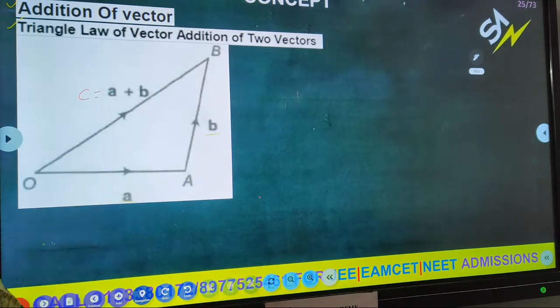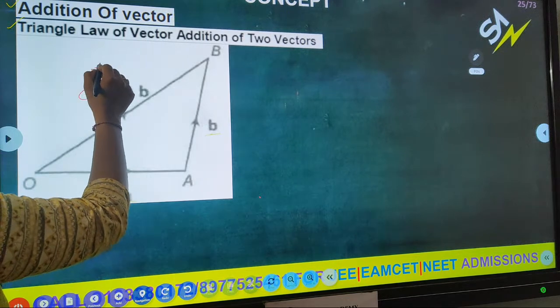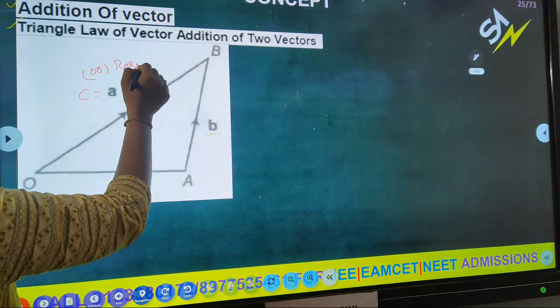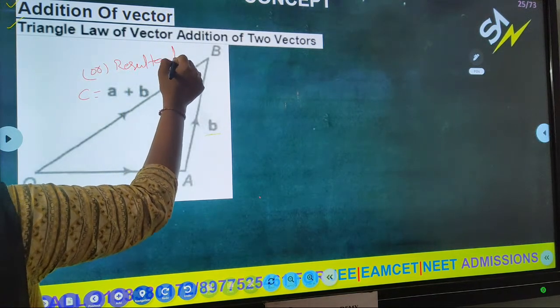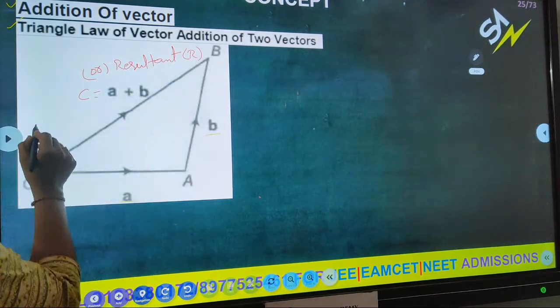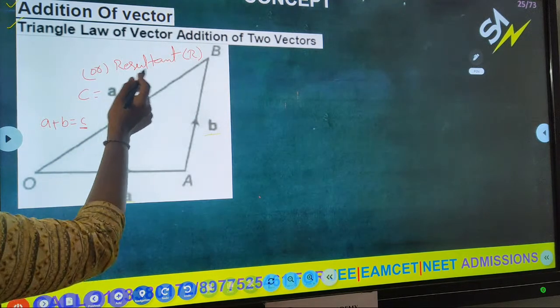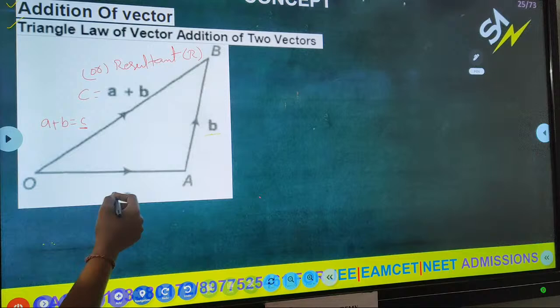So the opposite side of the triangle gives the addition of these two vectors, or the resultant of the two vectors. We can say it as resultant. So A plus B is equal to C, which is called the resultant of these two vectors.